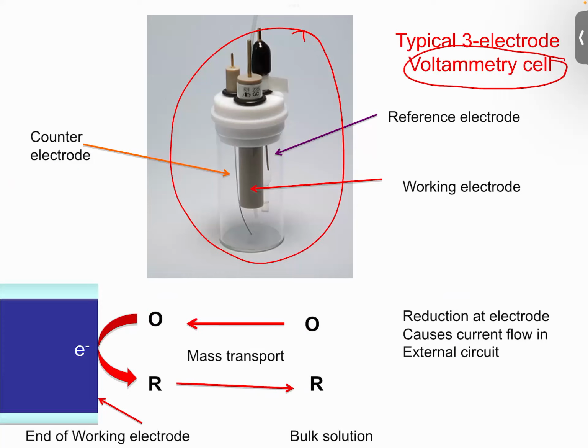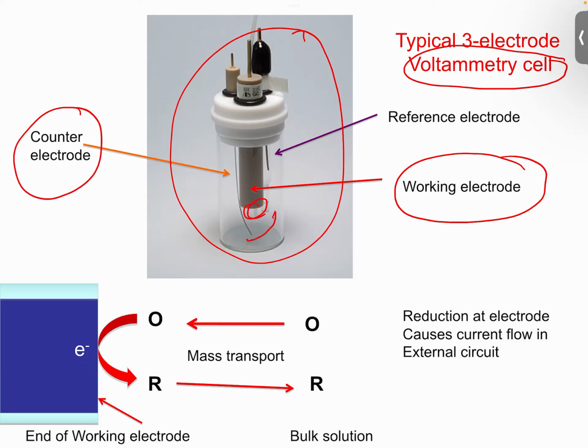Commonly, we have 3 electrodes, which is compulsory. We have the most important one, the working electrode, where you put whatever material, nanomaterial, on top. You also need a counter electrode, because the electron flow between the working and the counter electrode completes the circuit.